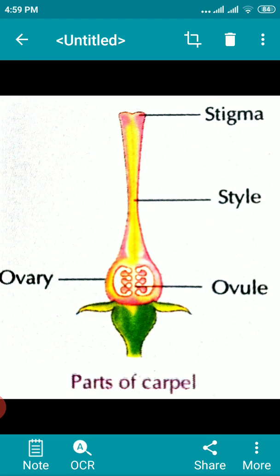What is the difference between the calyx, the sepal, and the petal? Sepals are green in color and the petals have many colors. The sepals protect the flower when it is in bud stage. The petals attract insects for pollination.